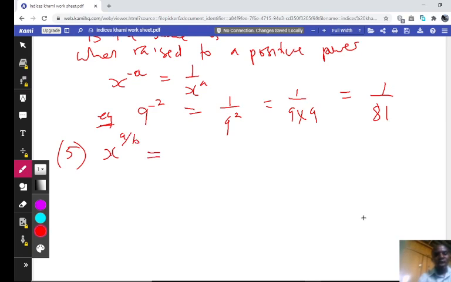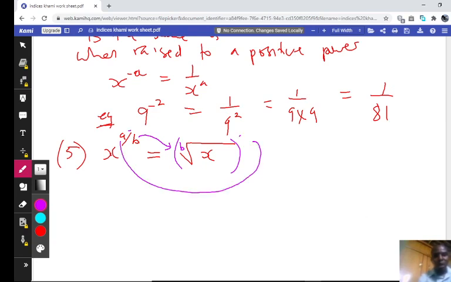You put your root sign, put x inside, the denominator b goes here as the root, and the numerator a becomes the power. So it will be the bth root of x to the power a. That's how it will be pronounced.